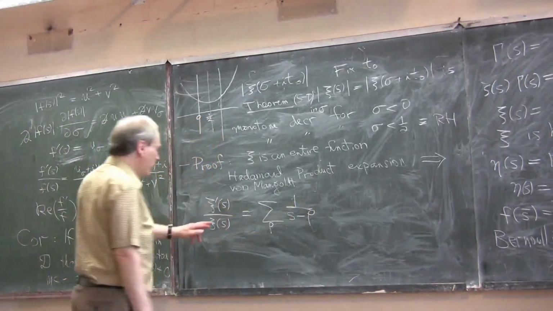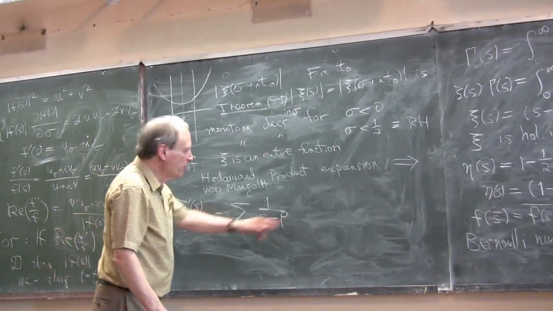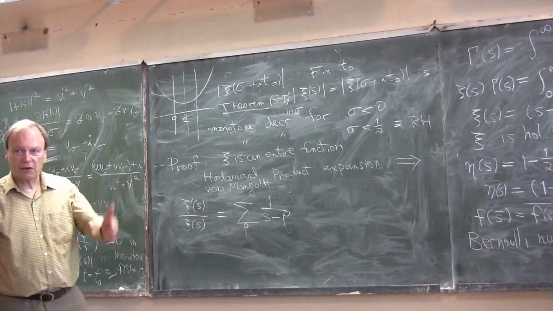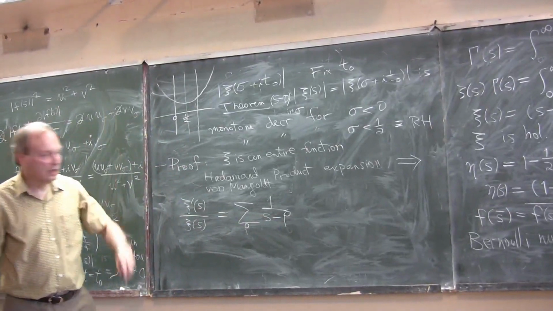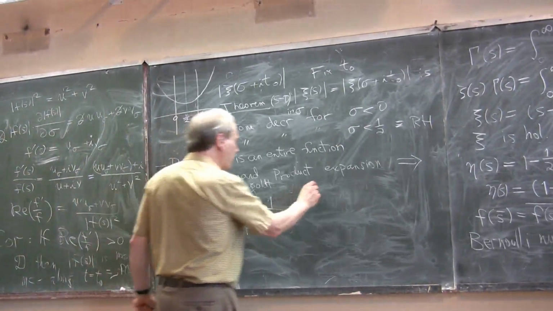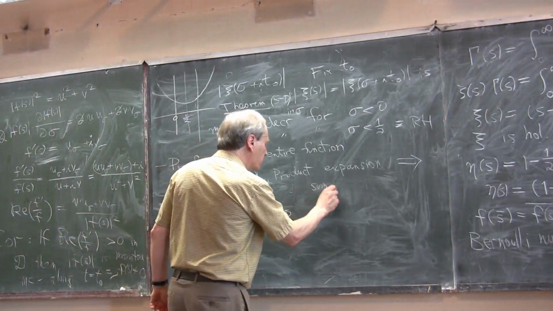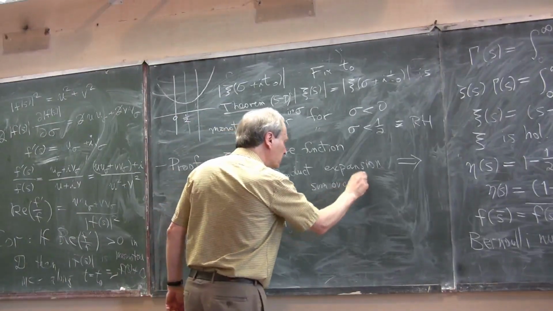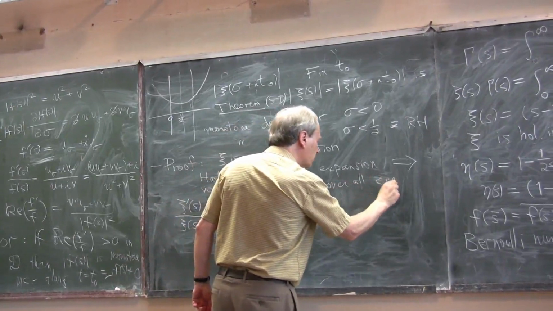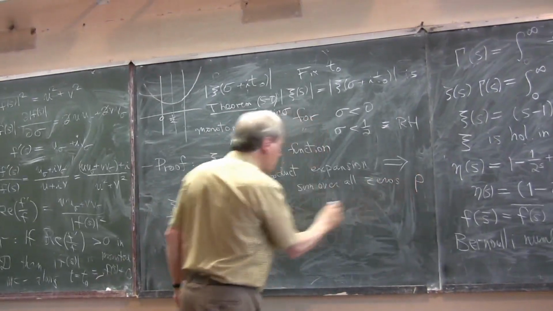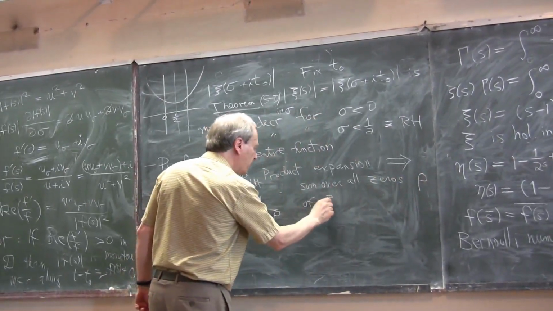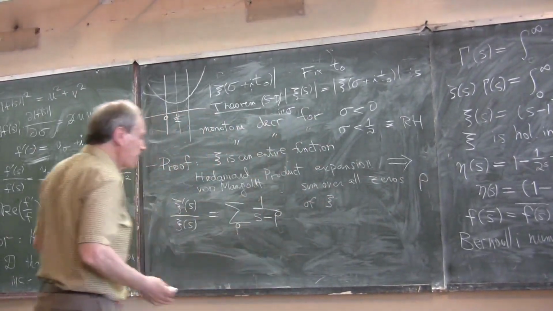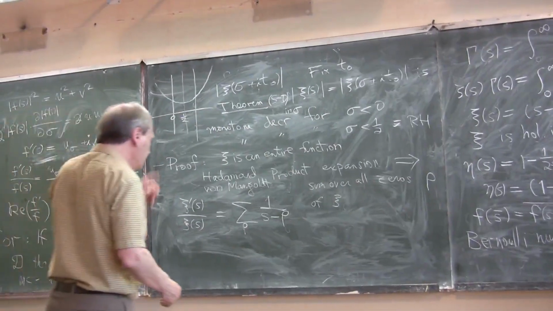So s is a variable. Rho represents all the zeros of the function psi. So it's summed over all zeros of psi, which are the same as the zeros of zeta along the critical line.